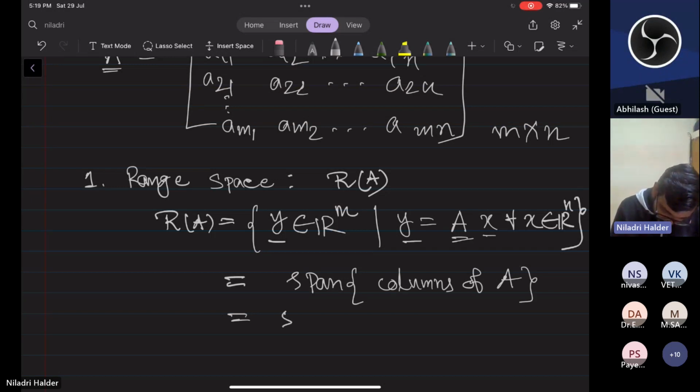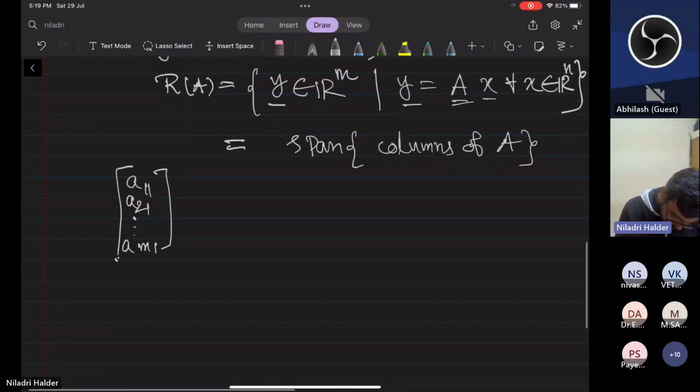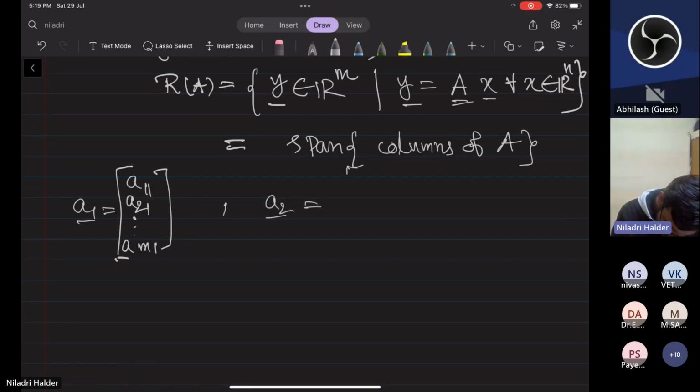So if I write down the columns of A, the first column is A11, A21, dot dot, Am1. Suppose its name is A1. Then A2 is equal to A12, A22, and so on.